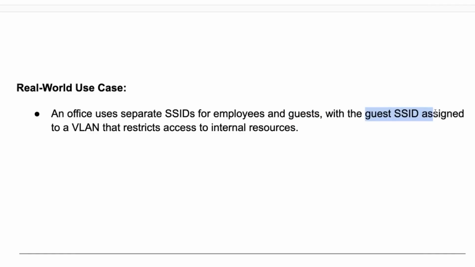The guest SSID is assigned to a VLAN that restricts access to internal resources, their intranet, their internal devices, and the various segments of their network that should only be available to employees. I've run across this dozens of times. And usually the guest network is also on a lower frequency band, because they want to reserve their highest speeds for their employees.